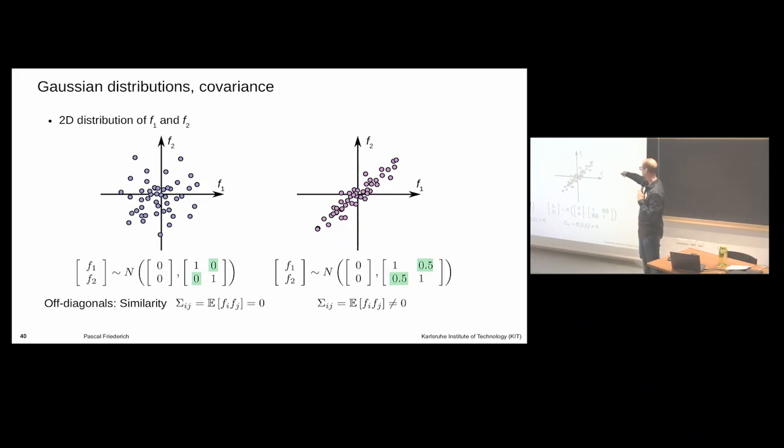And that's exactly in this two-dimensional scenario here. We can learn very easily the distribution of F2 given a certain value of F1. And that's very useful to do mathematically. So if we have an observation of F1, the reactivity at room temperature, we can then learn how the room temperature reactivity and the elevated temperature reactivity correlate.